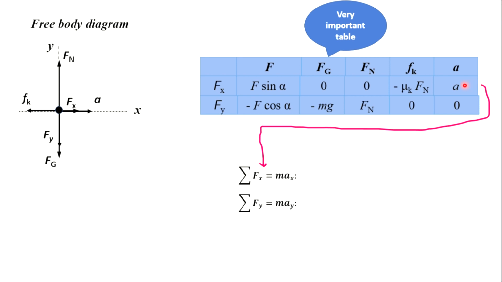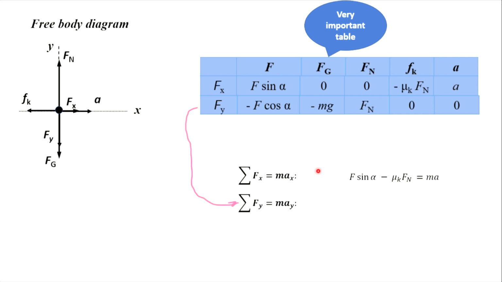Next, she took the components from this row and plugged them into the first equation and obtained the first equation of motion along the x-axis. Obviously, the next step is to do the same for the second row, which represents y components, and we have the equation in this form.